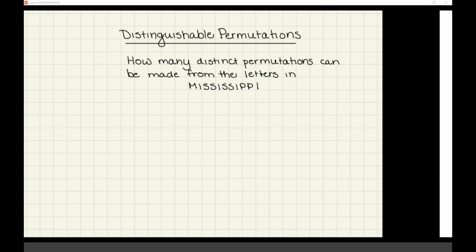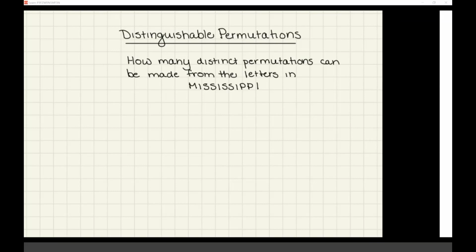Same thing with numbers in a telephone number or a PIN, a personal identification number for a bank account. What I wanted to talk about is what happens when some of the letters in the pool are repeated. In other words, you can't distinguish between different repetitions of things in the pool.